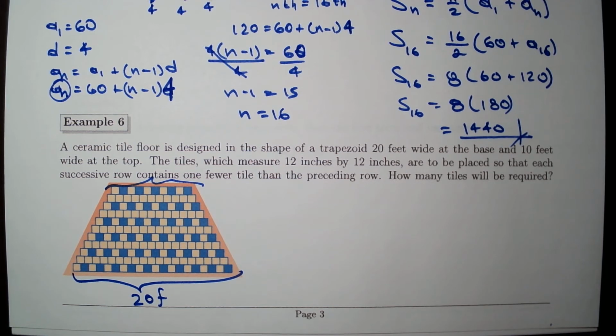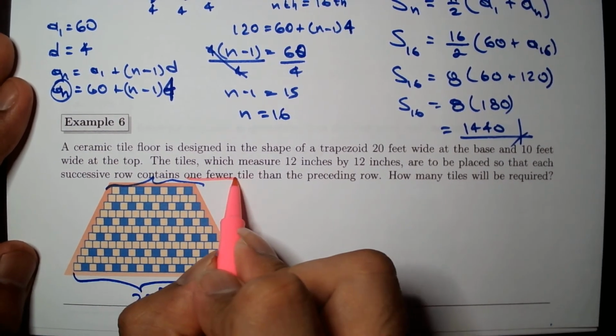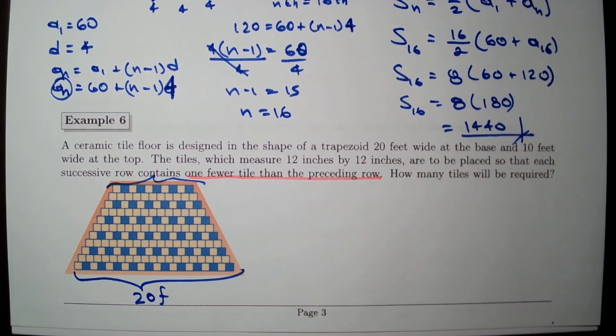They're to be placed so that each successive row contains one fewer tile than the preceding row. So in other words, one fewer tile, that's the common difference.